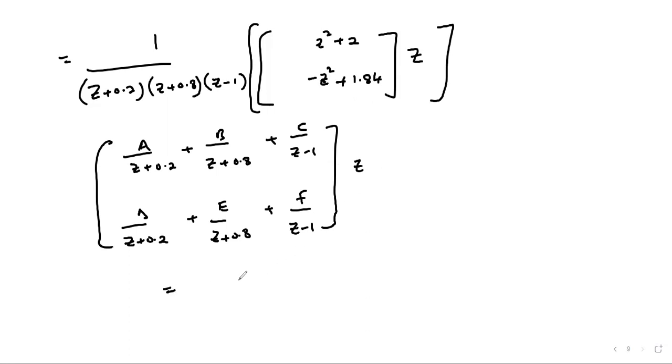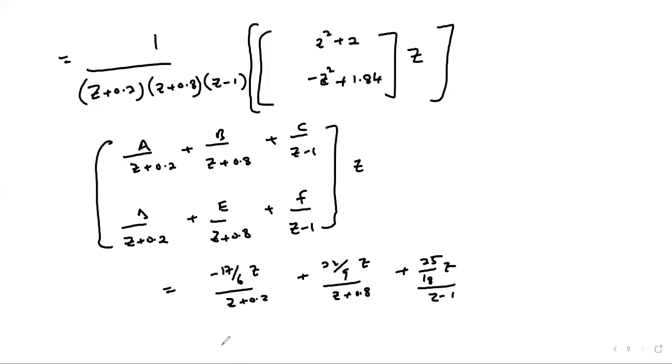If we evaluate those terms, we'll get negative 17 over 6, Z over Z plus 0.2, plus 22 over 9, Z over Z plus 0.8, plus 25 over 18, Z over Z minus 1.